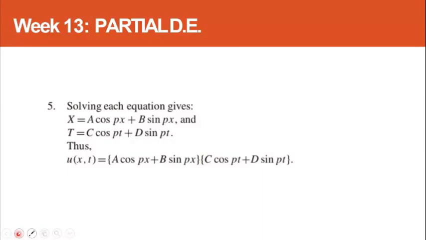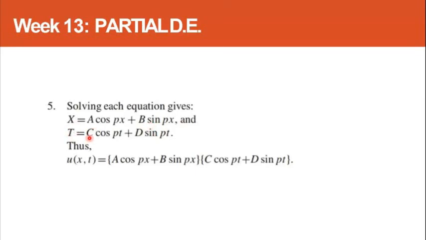And next natin is the solution. Kasi di ba after natin siya makuha, based dun sa category natin for the auxiliary equation, ito na siya. So we have the solution solving the equation gives yung x is equal to a cosine px plus b sine px. So magdedepende ito dun sa formula natin.